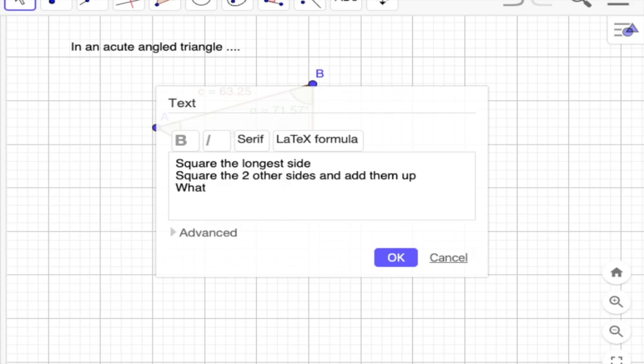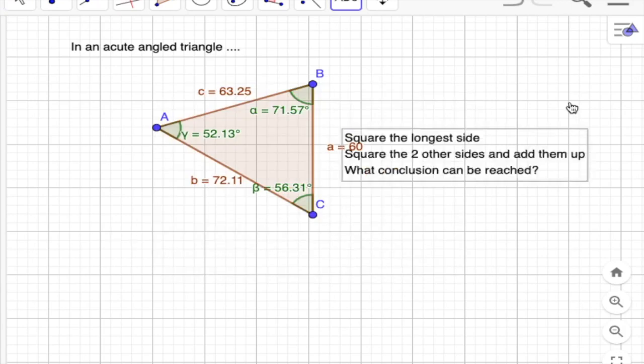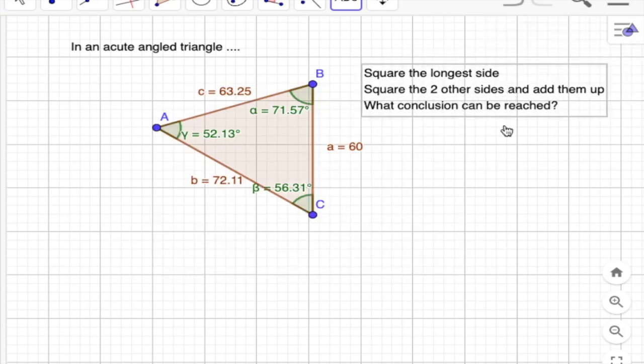Then tell me what conclusion you can reach. Are you using your triangles? I'm using it. You can use mine or you can use yours, okay? The conclusion should be the same.